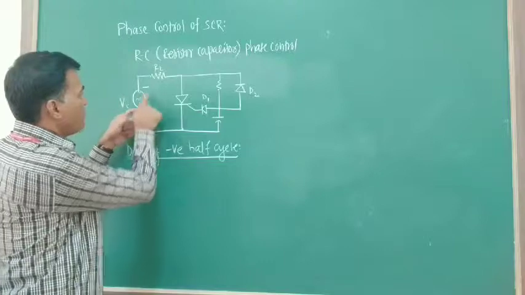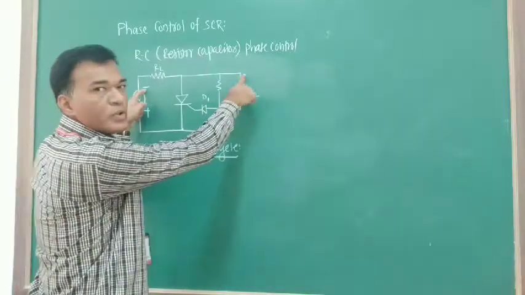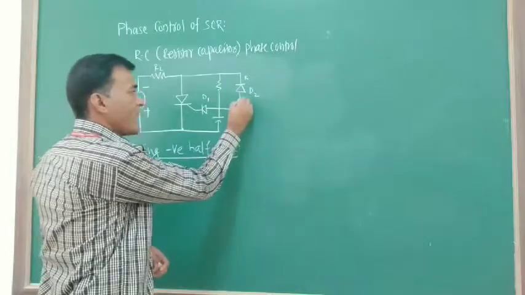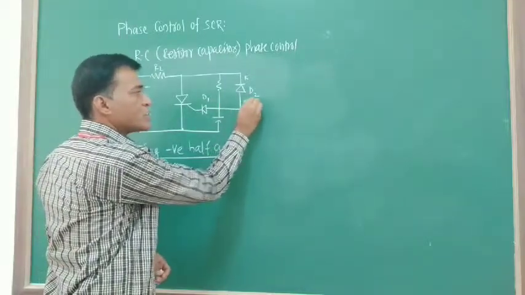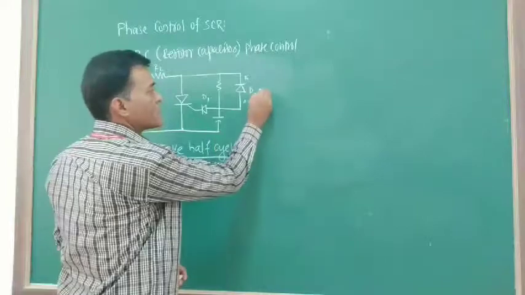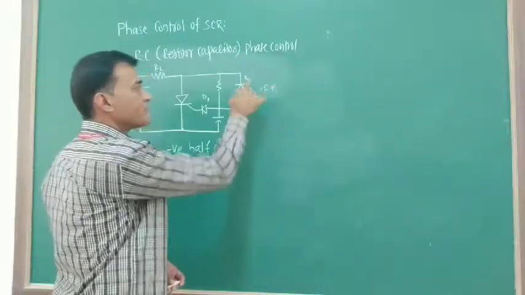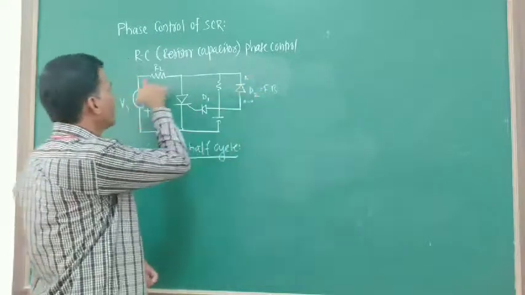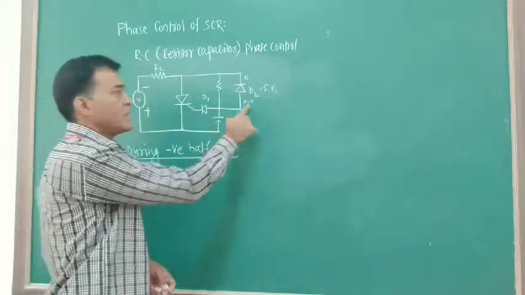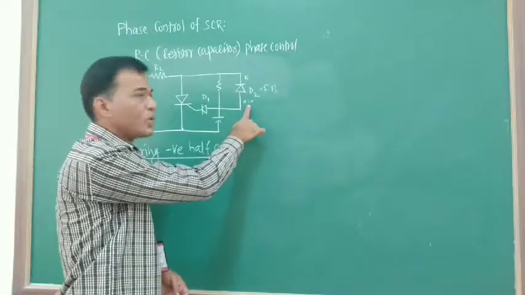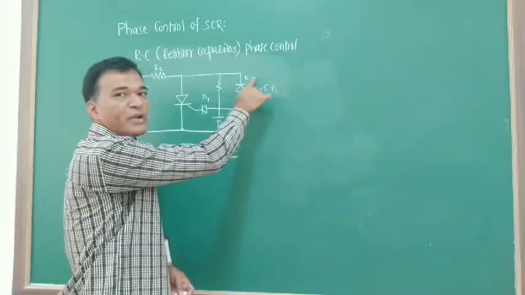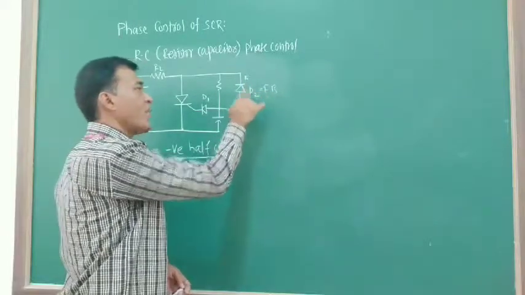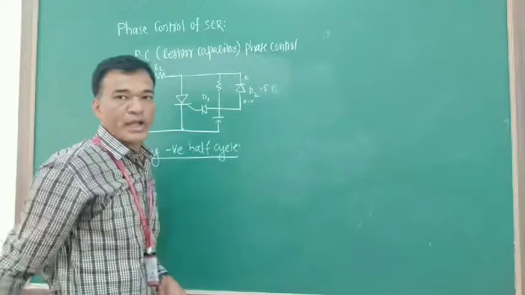So this negative is connected to the cathode of this diode. If I assume the voltage at the anode as 0, diode D2 will be forward biased, because anode is more positive with respect to the cathode. Cathode is connected to the negative of the supply voltage. So 0 is greater than a negative. Hence I can say diode D2 is forward biased.